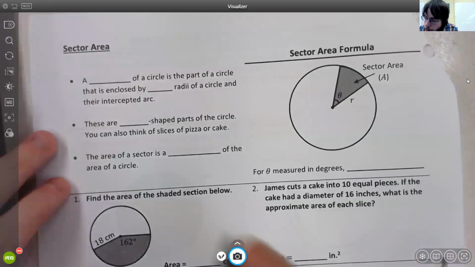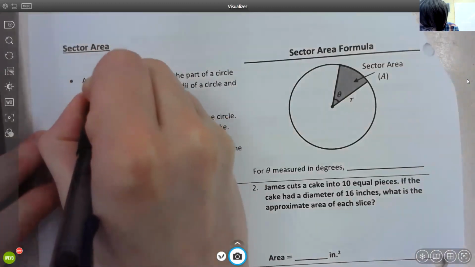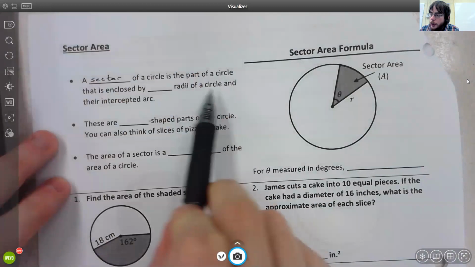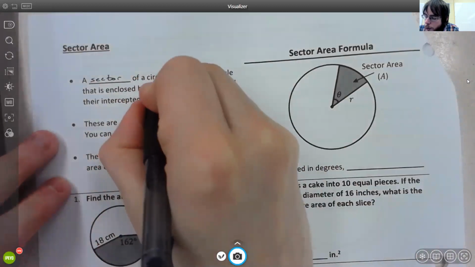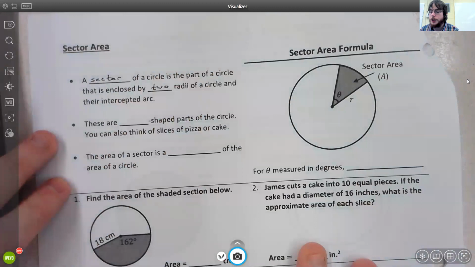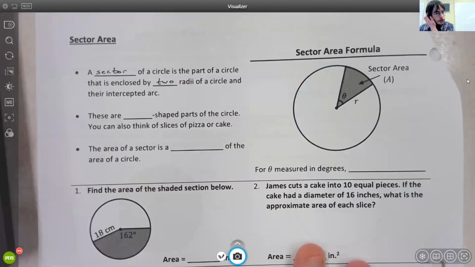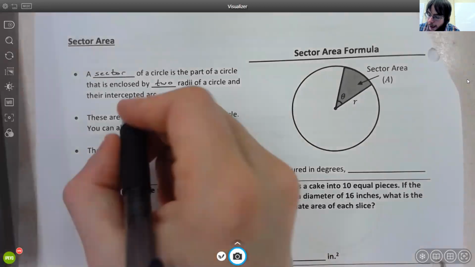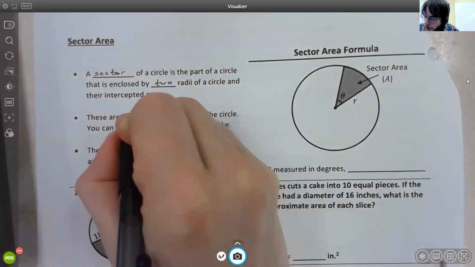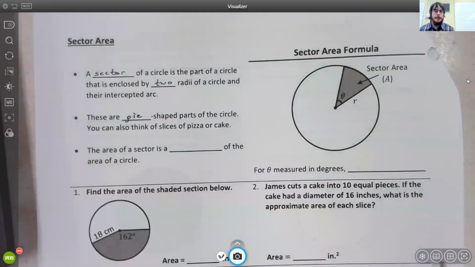A sector of a circle is the part of a circle that is enclosed by 2 radii of a circle and their intercepted arc. These are pie-shaped pieces of the circle. Some people think of pizza, cake, pie, whatever circular thing you have that splits something evenly or into parts.